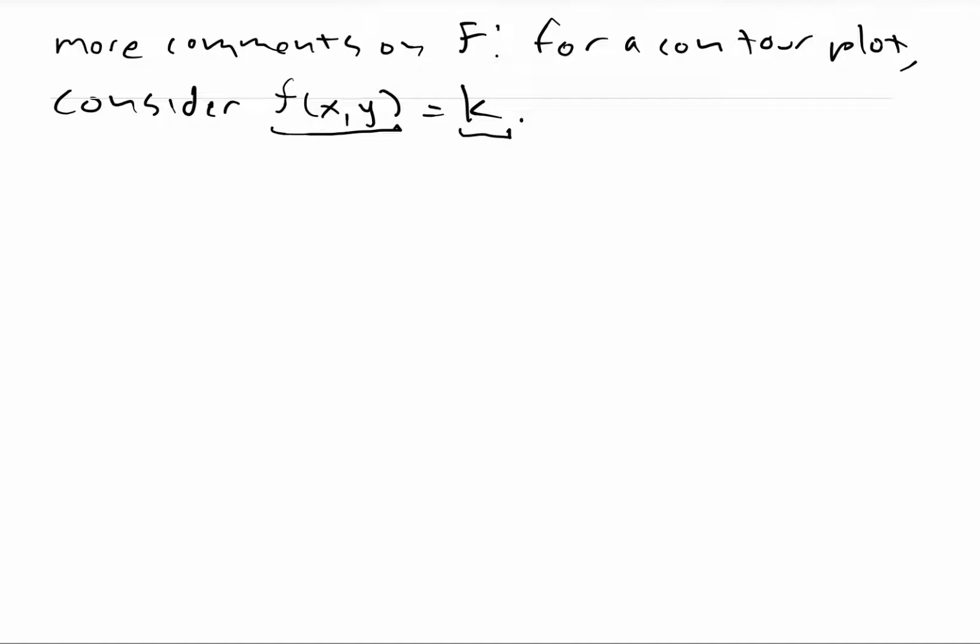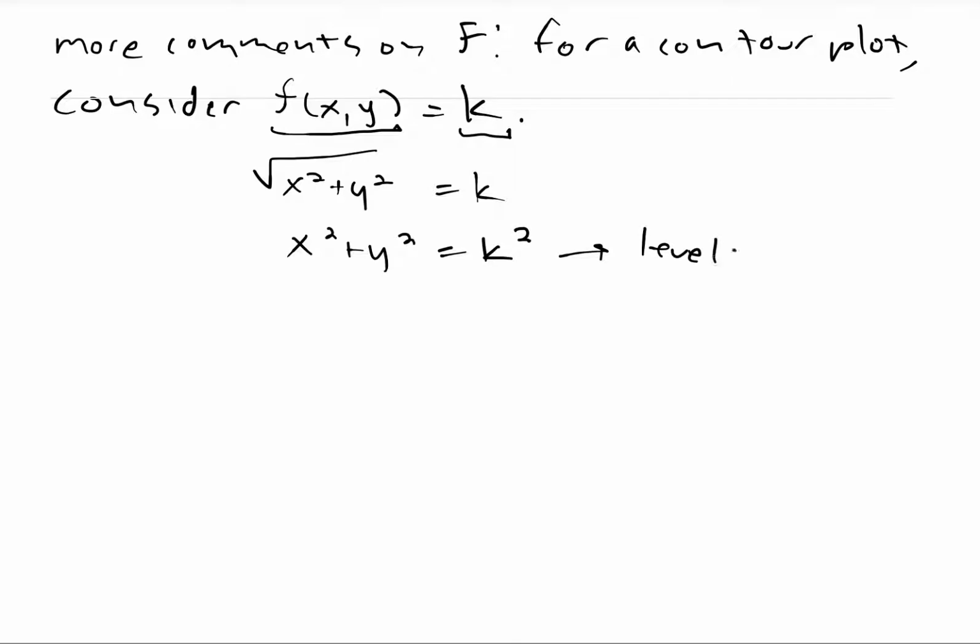Well, here, what was my function? Looked like root x squared plus y squared. This is supposed to equal k. Well, if I go solving this for a more standard form, pretty much all of your level curves for this surface, they're all circles when we plot them in R2. Okay, so this thing is meant to be plotted in R2.